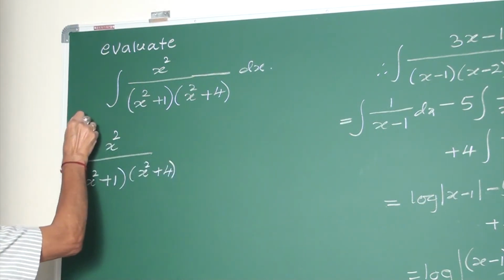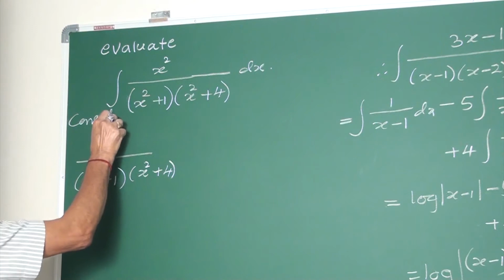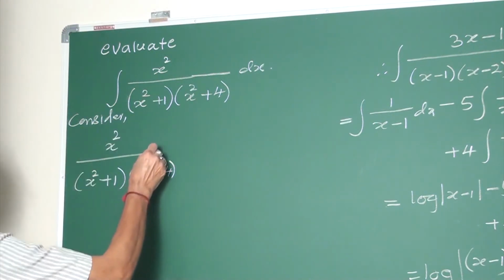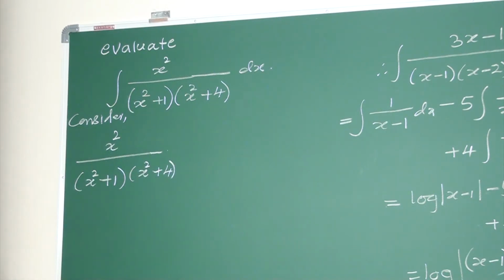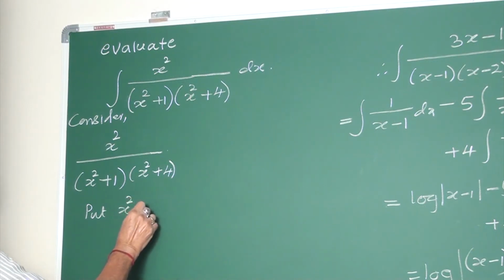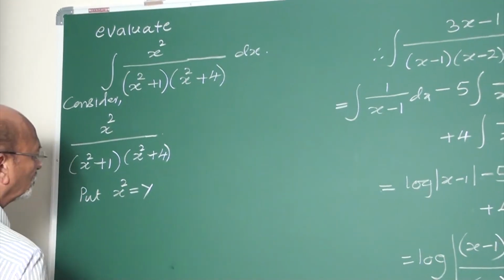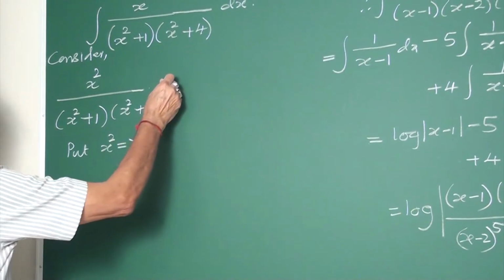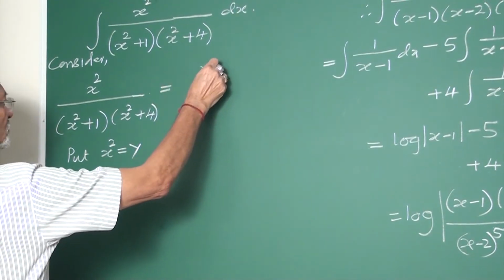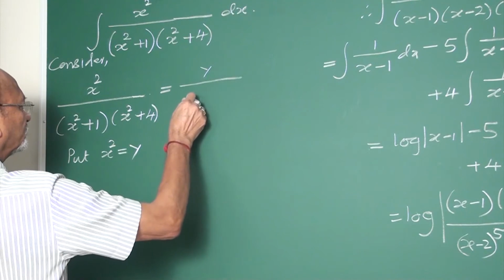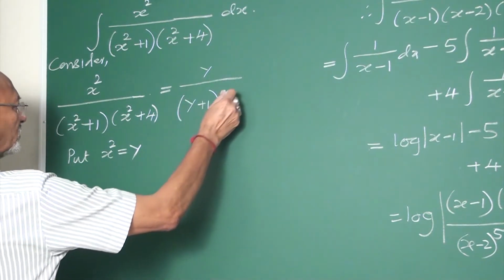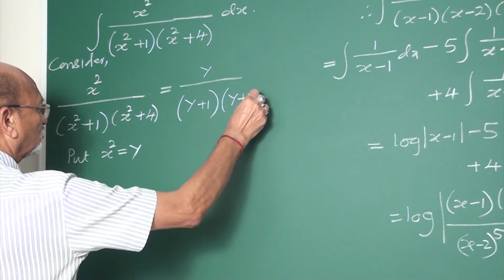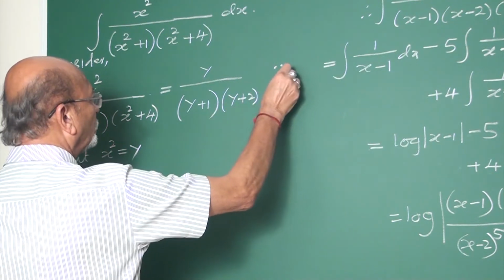Substitute x square equal to what? Put x square equal to y. It becomes y upon y plus 1 into y plus 4. Why? Because x square is y.